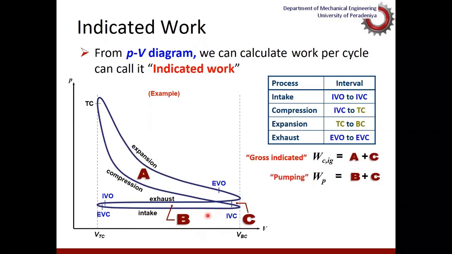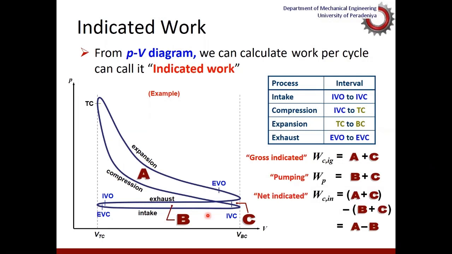So the difference between these: for pumping you have to do some work, and for indicated work the engine gives us some work. Therefore we can calculate the gross indicated or net indicated work by subtracting the two quantities, whatever the engine produced and whatever we want to use to pump air in.